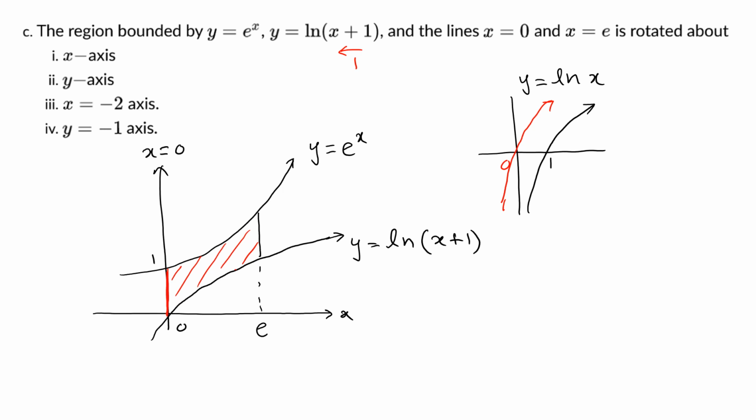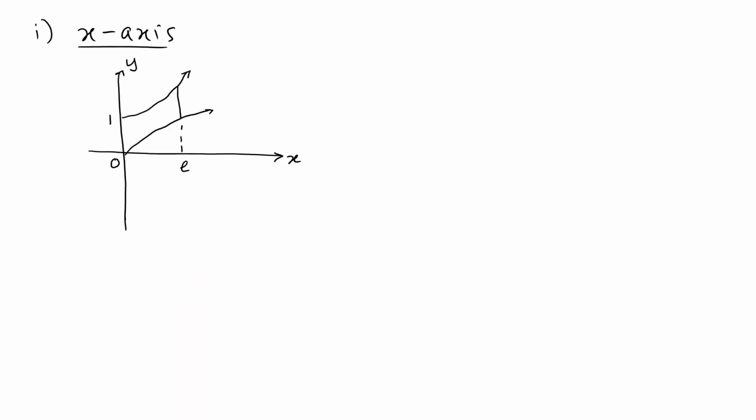So let's go to the rotation about the x-axis. This is the region, and we're going to rotate about the x-axis, so this one jumps to the other side. That's what happens when you rotate. So what method can we use here?